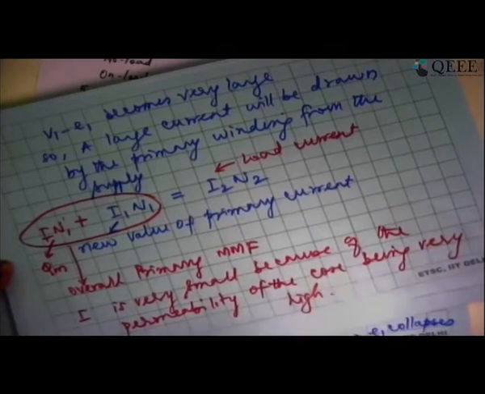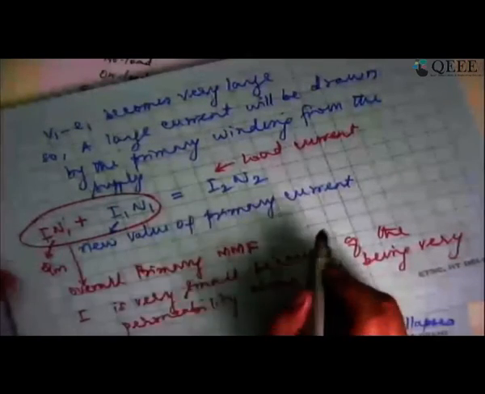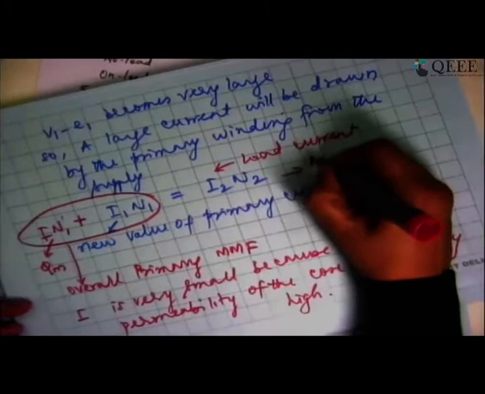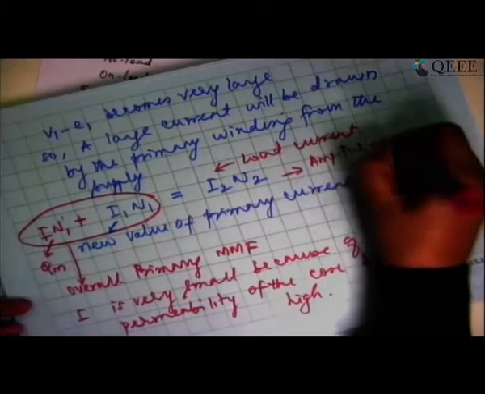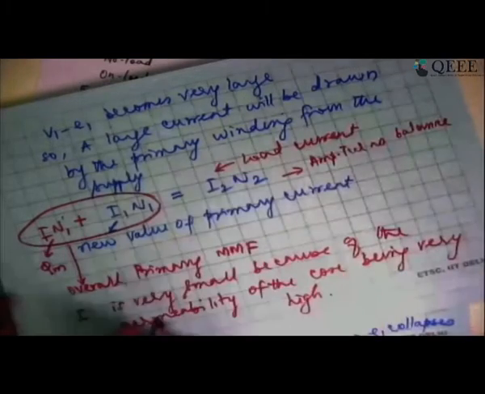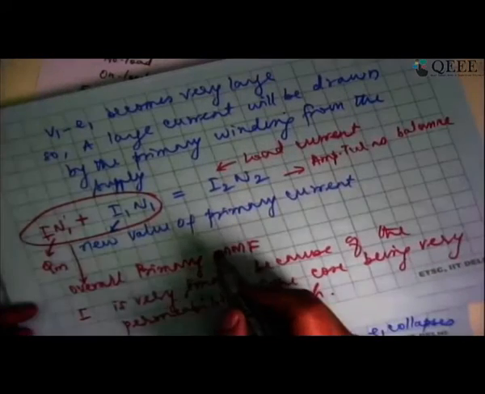I would say the transformer principle basically rests on I1 N1 equal to I2 N2. So ampere turn balance is the basic underlying principle of the transformer action. Always I1 N1 has to be equal to I2 N2.